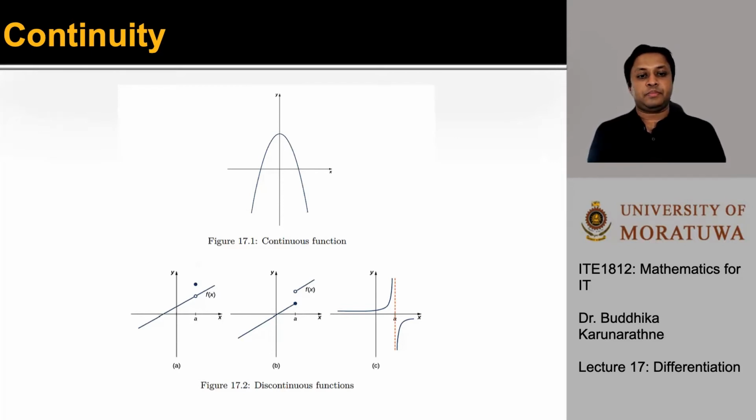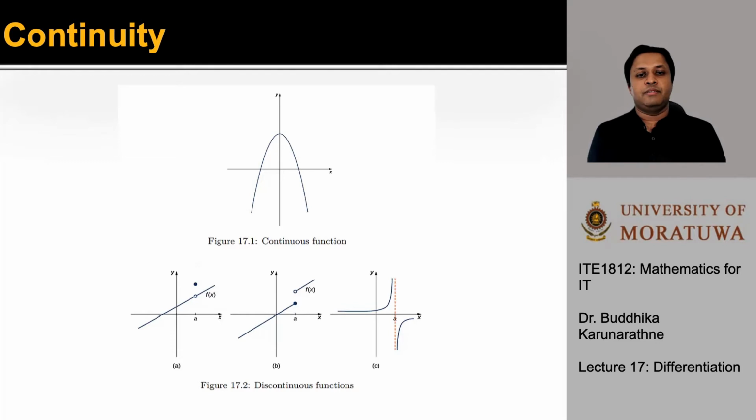In part A, for example, we can identify what we call a hole. When x is equal to a, that spot is not defined on that line, but it is defined somewhere else. So there's a missing part in this function. We understand that as a hole. And in part B, you can also see the discontinuity.